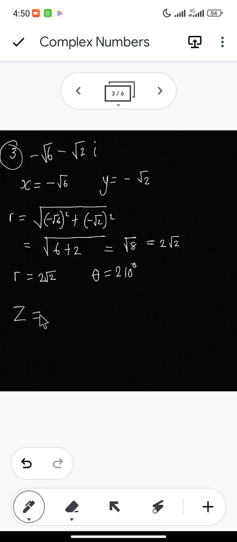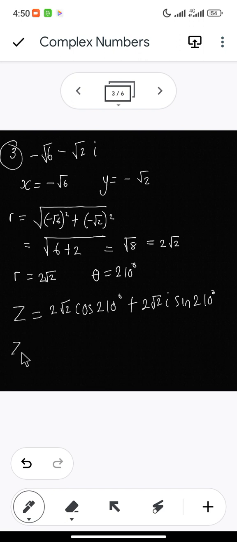So Z is equal to, using the formula, r cos theta plus r i sin theta. This is going to be 2 root 2 cos 210 degrees plus 2 root 2 i sin 210 degrees.